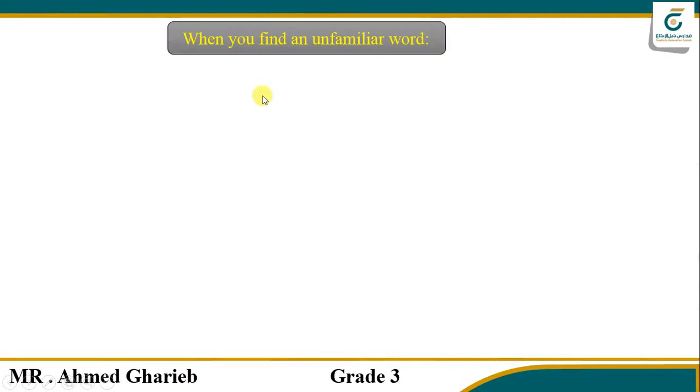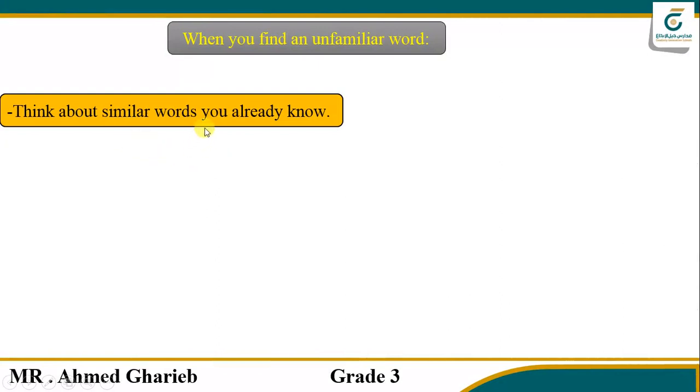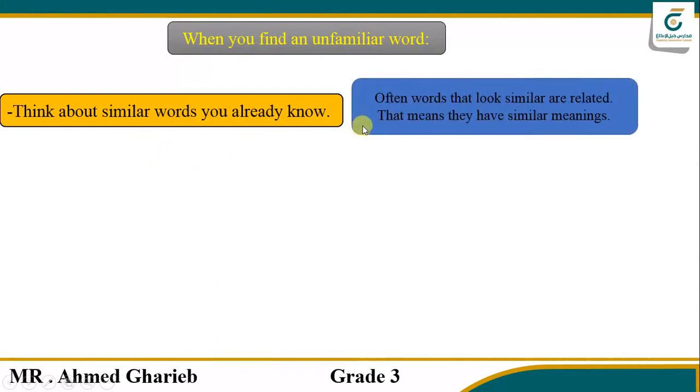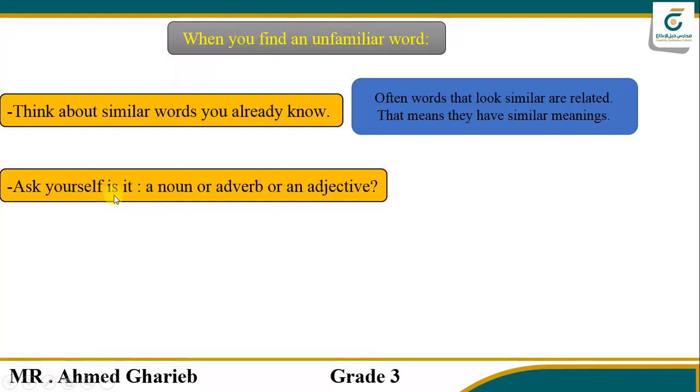When you find an unfamiliar word, what to do? First, think about similar words that you already know. Why? Because they have a similar meaning. Similar words have similar meaning. Ask yourself, is the word that I don't know a noun or a verb or adverb or an adjective, and so on.